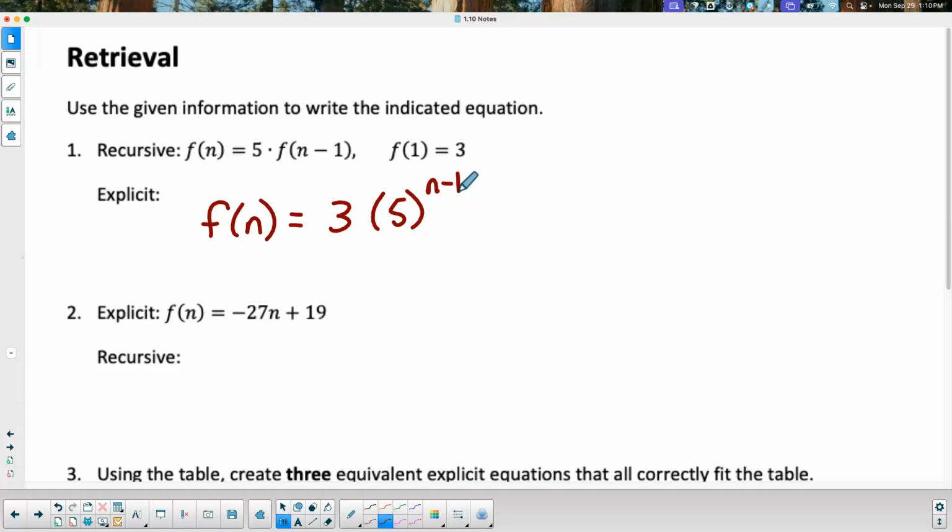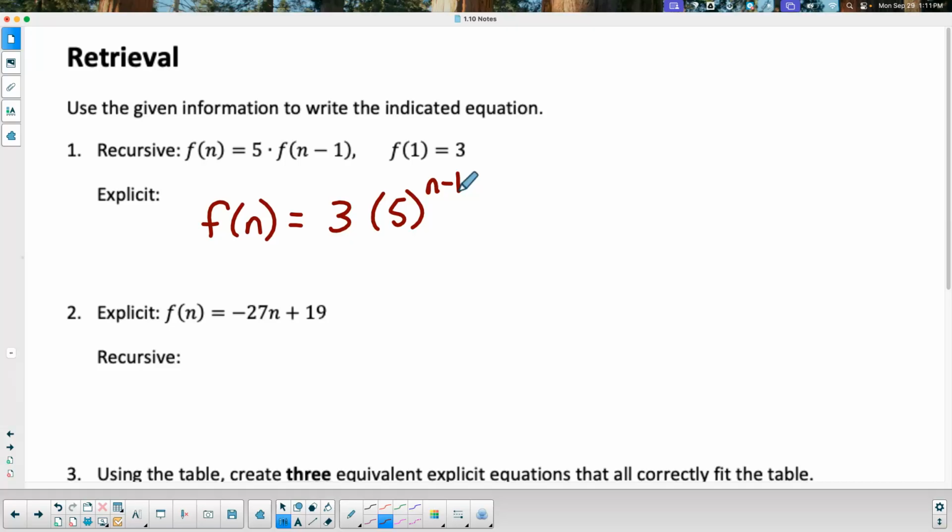Okay? So then we do a quick check in our brains. If we plug in 1 for n, what should we get out? We should get out 3 because that's my first term, right? Okay? 1 minus 1 is 0. 5 to the 0 power is 1. 1 times 3 is 3.